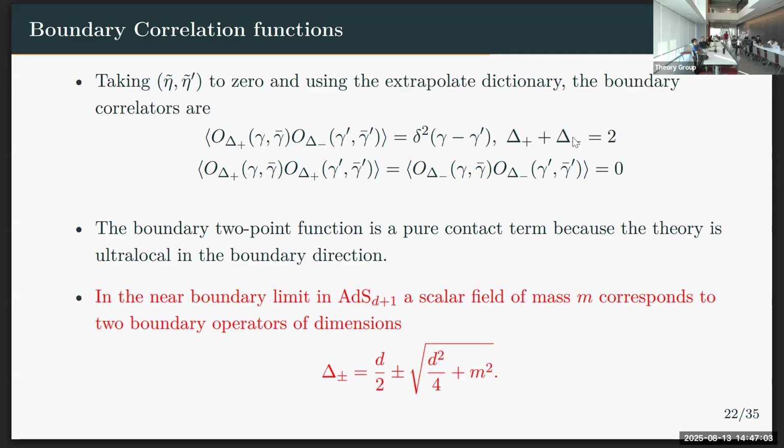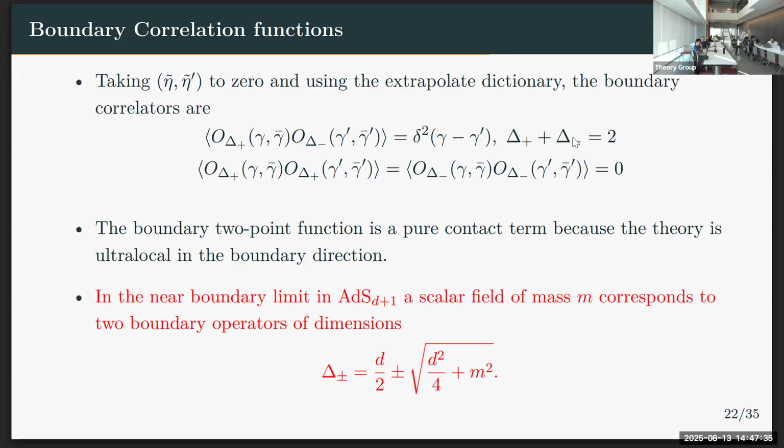What we see is that the boundary correlators have this contact term, this delta 2 of gamma minus gamma prime, and this is like the Celestial CFT type behavior, where delta plus and delta minus are constrained by this equation, delta plus equals 2, right? So this boundary 2-point function is a pure contact term because the theory is ultra local in the boundary direction, so it is fixed.